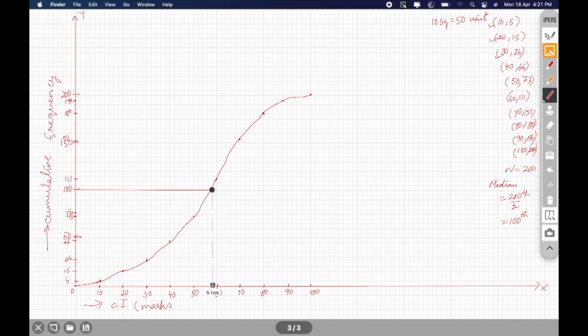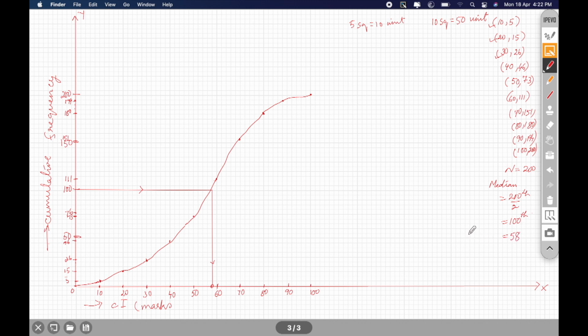We can see that if we drop the perpendicular on the x-axis, the median is, please see here, on the x-axis 5 squares equal 10 units, so 1 square will be equal to 2 units. So 52, 54, 56, 58. So median comes to be 58 here.